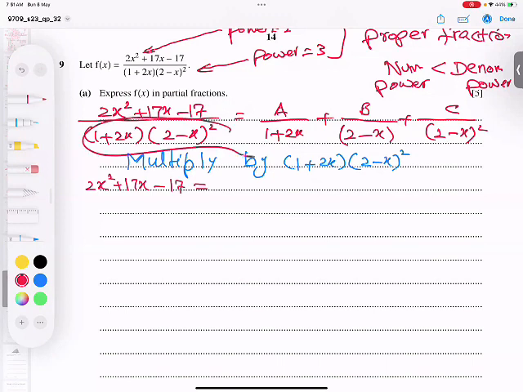So when you multiply the whole thing with this fraction, this cancels out and this stays with A. When you multiply with this, this will cancel, power gone.